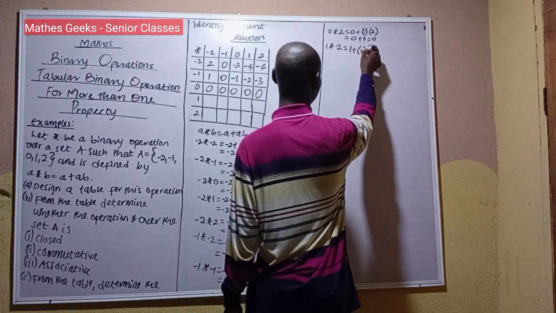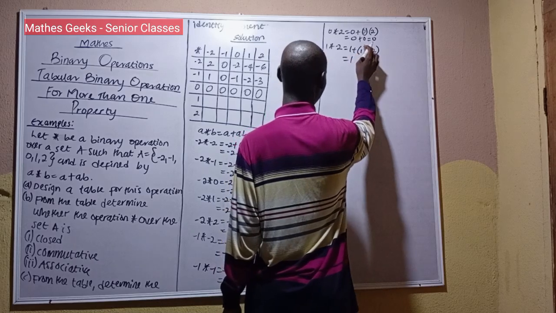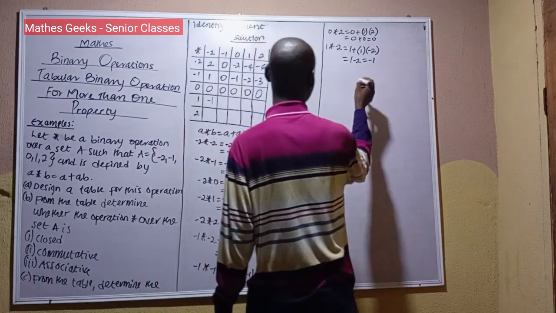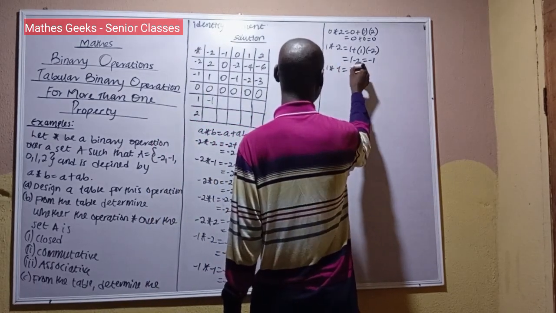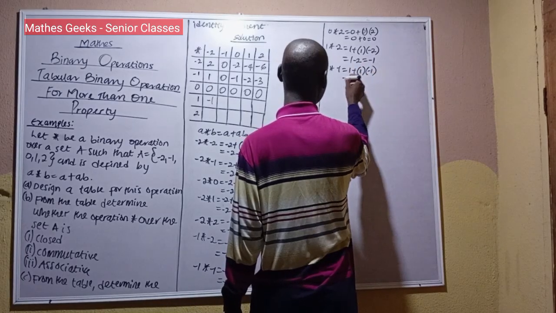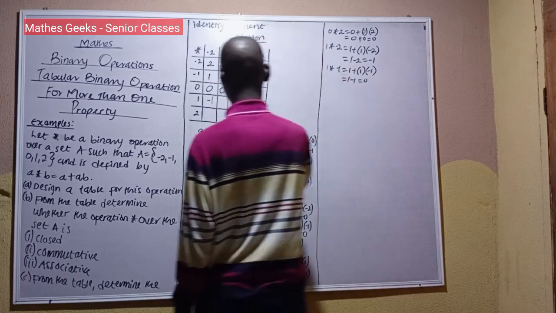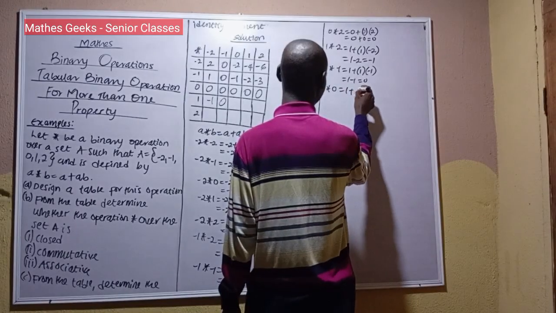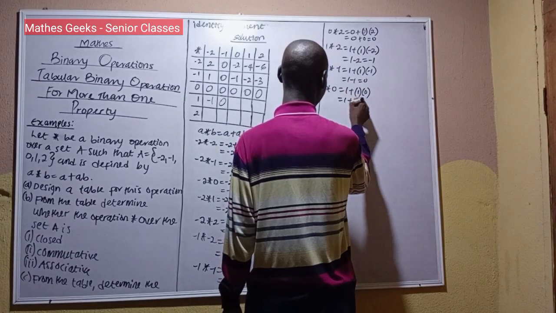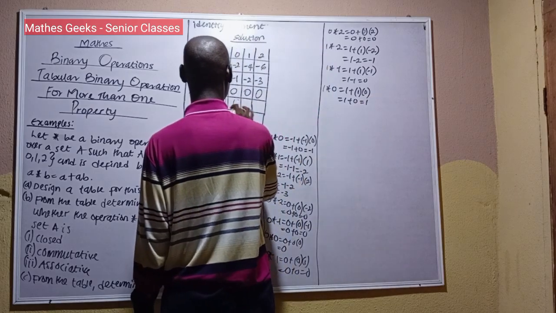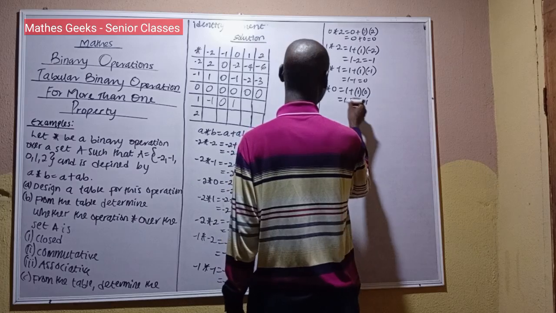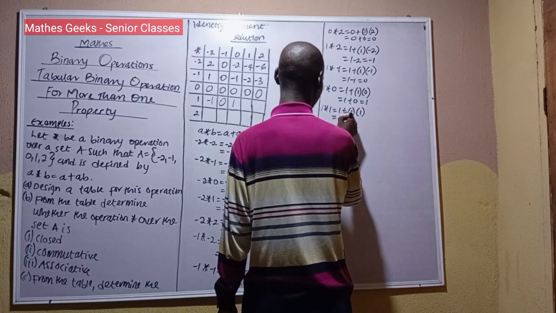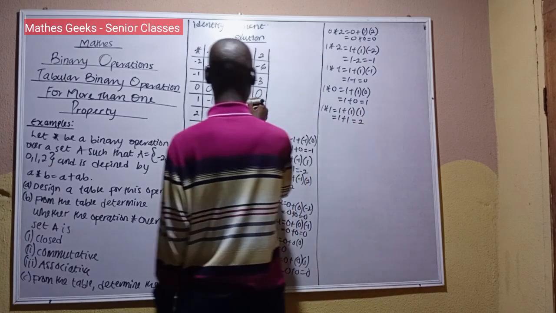1 operation -2: 1 plus -2, plus 1 times -2 is -2, giving -3. 1 operation -1: 1 plus -1, plus 1 times -1, giving -1. 1 operation 0: 1 plus 0, plus 0, is 1. 1 operation 1: 1 plus 1, plus 1 times 1, so this is 3.